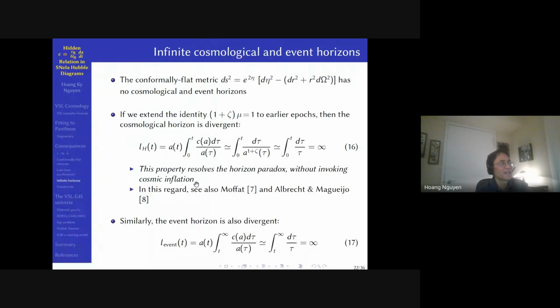And this property may resolve the horizon paradox without using cosmic inflation. In this regard, I invite you to read the paper by Moffat and Albrecht-Magueijo in the 1990s. They discussed the possibility for that. Similarly, for the future event horizon, we look for the future light cone. Again, you compute that, infinity as well.